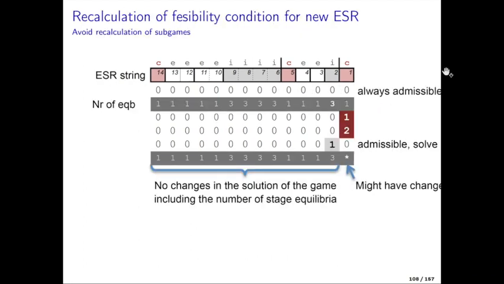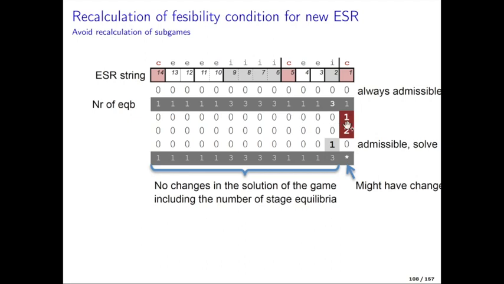So let's take them one by one. You start by taking the equilibrium string of digits corresponding to 0, like the first number in the number system, and then you calculate the stage game equilibria, taking the first equilibrium all the way through in the state recursion. Having calculated the value function all the way through, you move on to the next one.